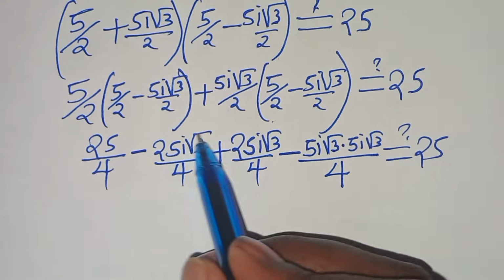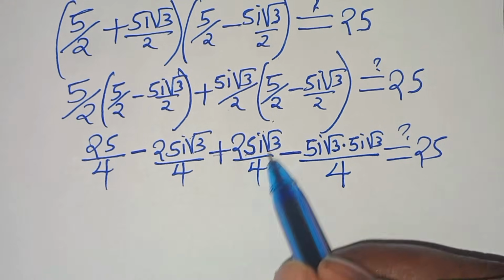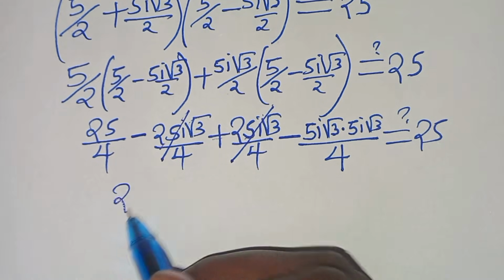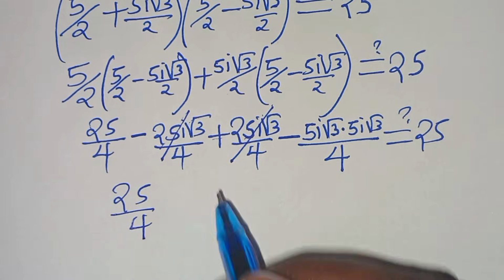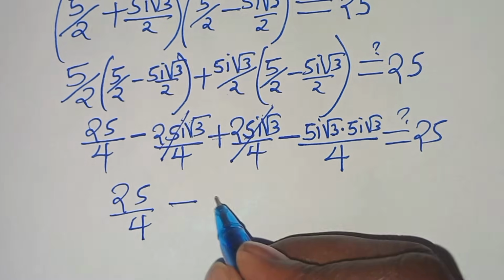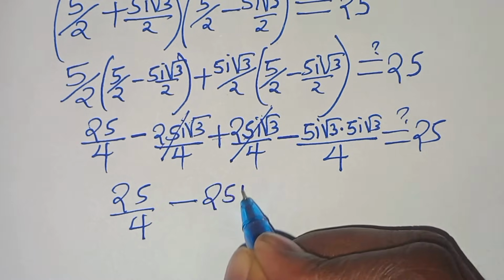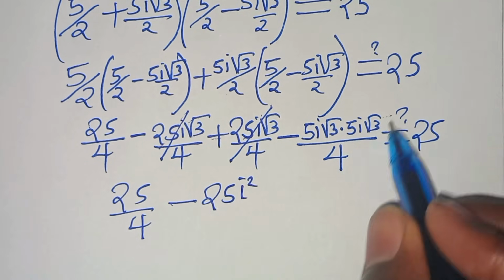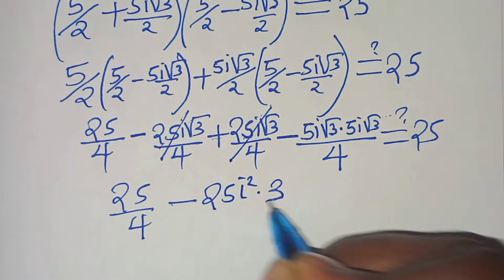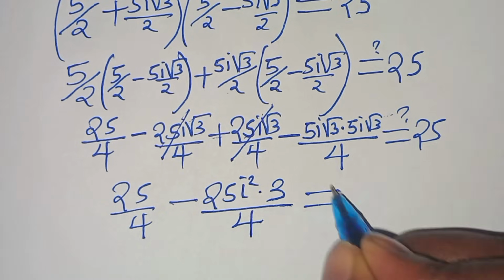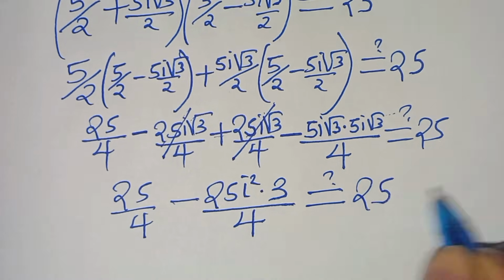So minus 25i square root of 3 over 4 plus 25i square root of 3 over 4 simplifies, so that we have 25 over 4. Subtract 5i times 5i here. This is 25i squared. Then square root of 3 times square root of 3 is equal to 3. Then everything here divided by 4. This is supposed to give us a value of 25.